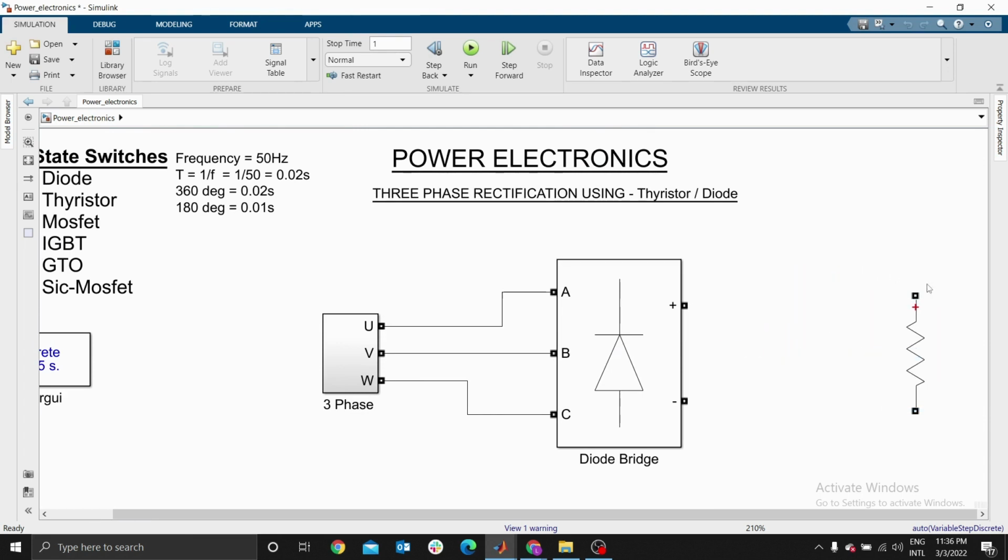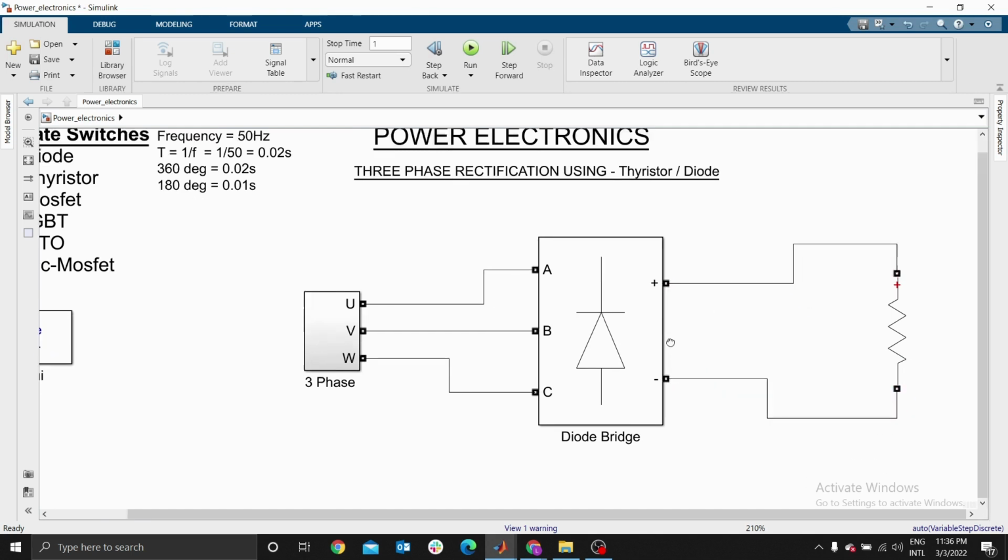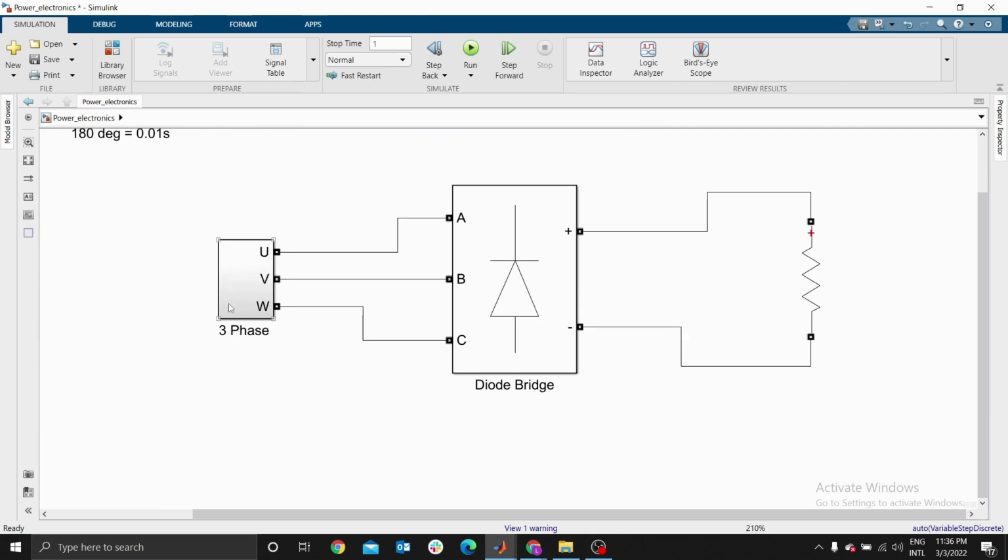Then I need to connect positive to positive, negative to negative. This is my three phase. This is my diodes. Instead of modeling all those diodes, I can use this bridge that is a combination of all of them. Then my load here, R.